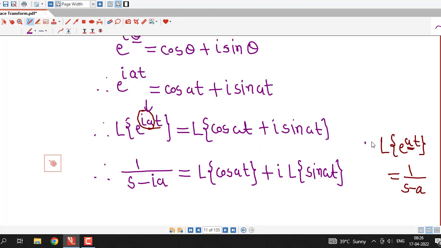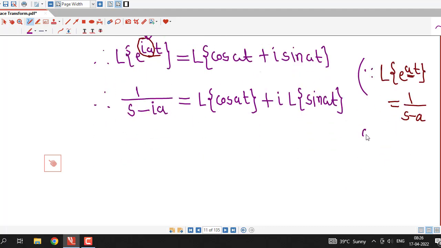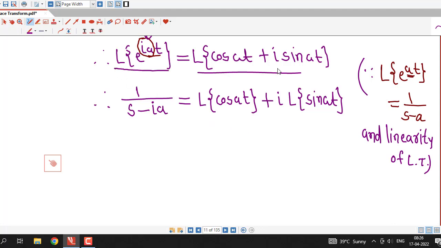So we are applying this formula and the linearity property of Laplace transform.